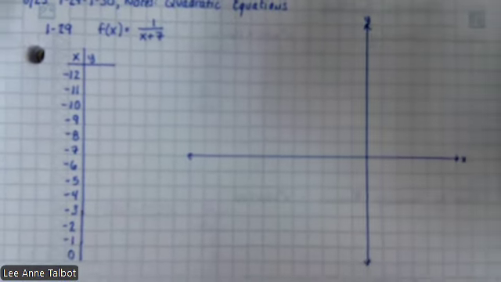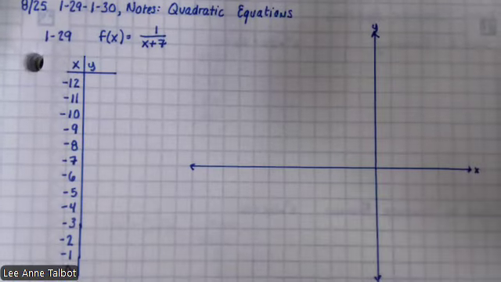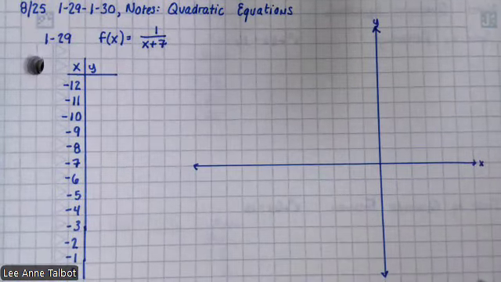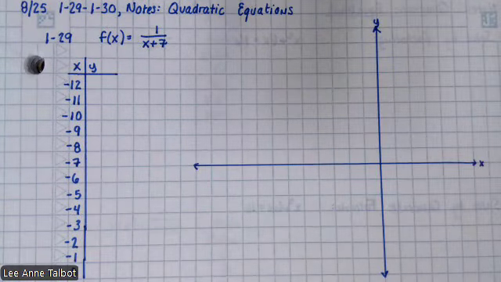Set this up, but then we're going to get most of it right from the graphing calculator. Your table numbers, because number 30 is the one you're going to do with your groups, and it's going to have a table number involved in the class.